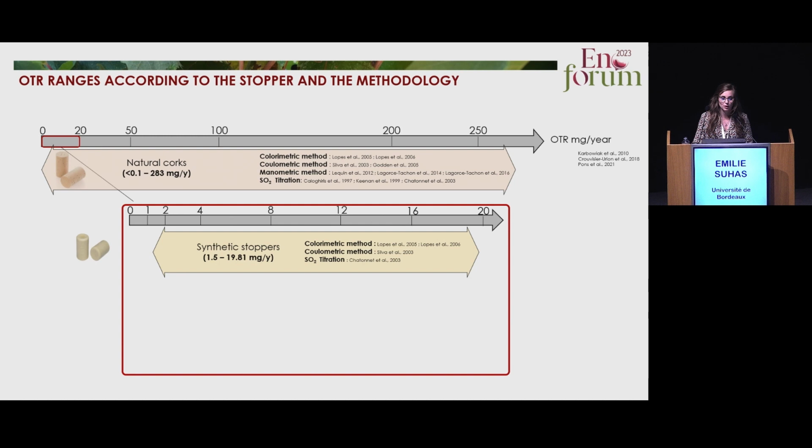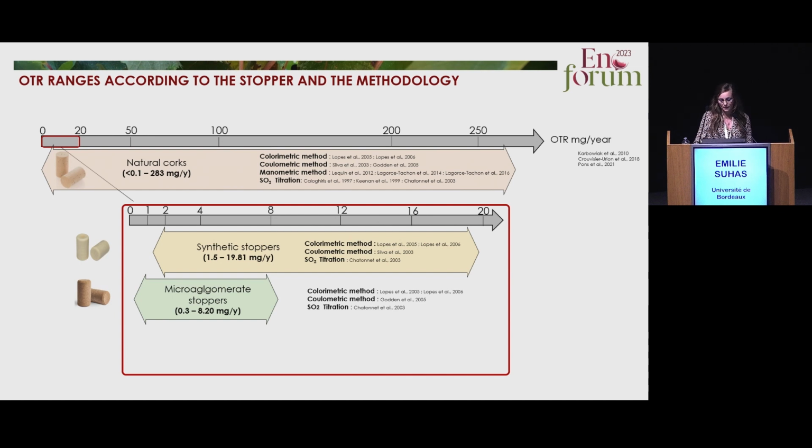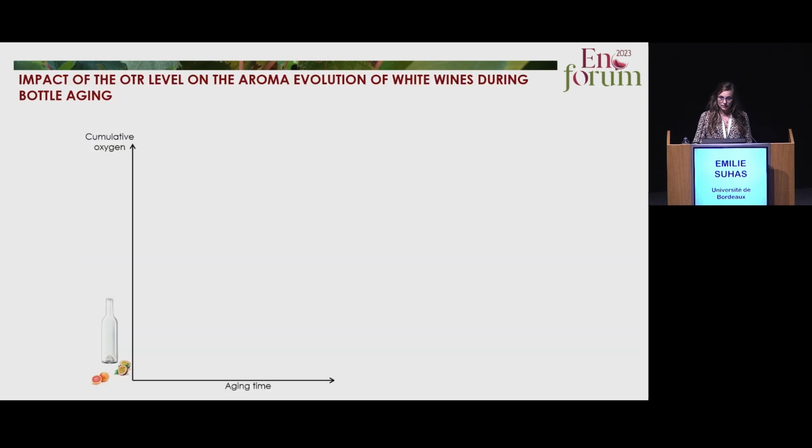Other closures display lower OTRs: synthetic stoppers 1.5 to just below 20 milligrams per year, and microagglomerate stoppers between 0.3 to 8 plus milligrams per year. And then screw caps, which are regarded as the ones with the best impermeability, airtightness.